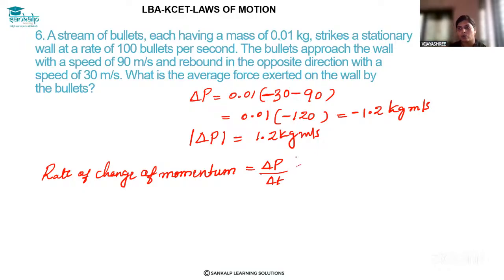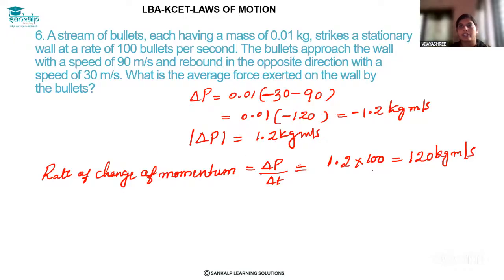Rate of change of momentum means the change in momentum in 1 second, which is equal to 1.2 into 100, which is 120 kg meter per second.